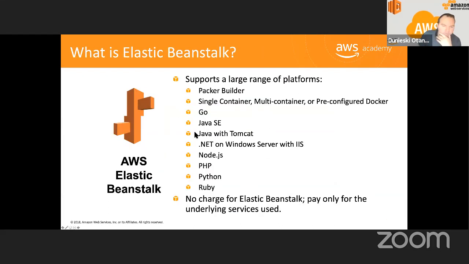You can have Go if you know that platform, Go, Java SE, Java with Tomcat, .NET on Windows Server with IIS, Node.js, PHP, Python, Ruby. So you can use all these platforms. You can write code with these and then upload it to AWS Elastic Beanstalk, and it recognizes this. And it creates the resources for you.